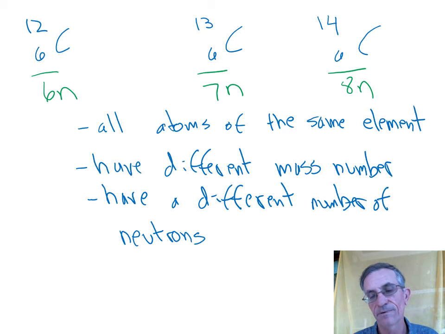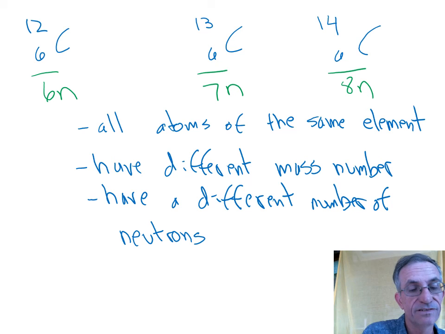There's a term for this. You're the same kind of atom, all carbon atoms, but you have different neutrons compared to your neighbor. And these are called isotopes.